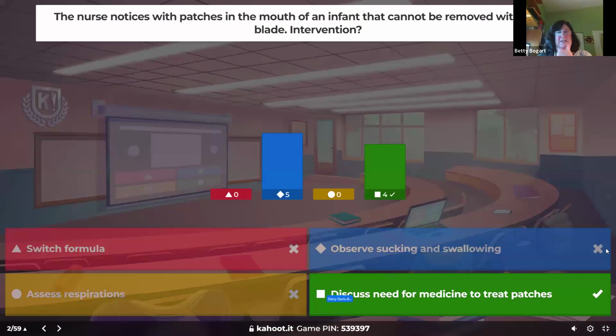Now, white patches, in Spanish, is called algodoncillo, or it's thrush. It's a yeast infection, and that you can't scrape it off is the clue. It's not just milk sitting there, and it needs medicine. It needs nystatin liquid, usually swabbed inside the mouth of an infant, okay?